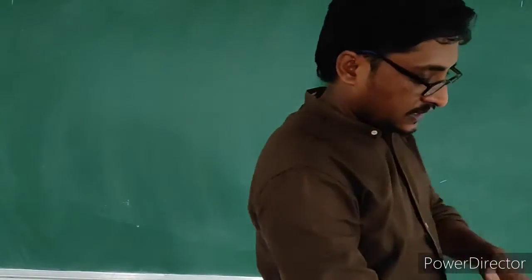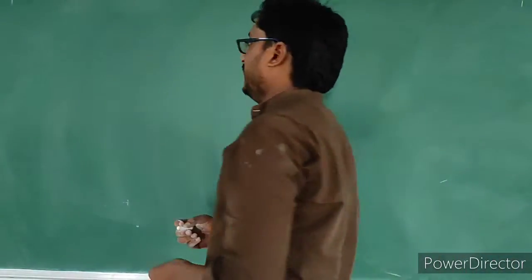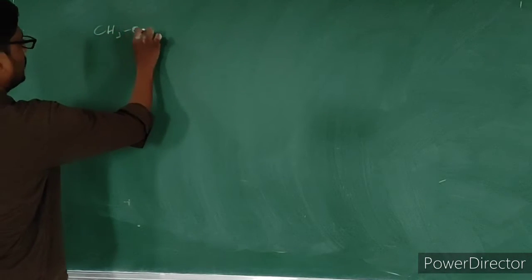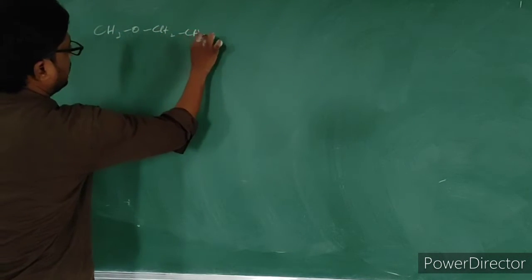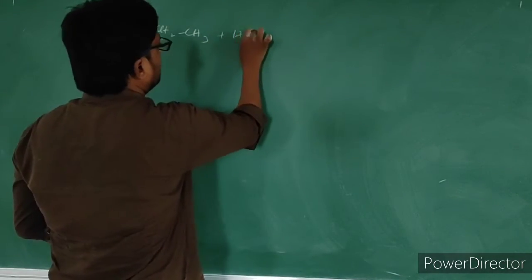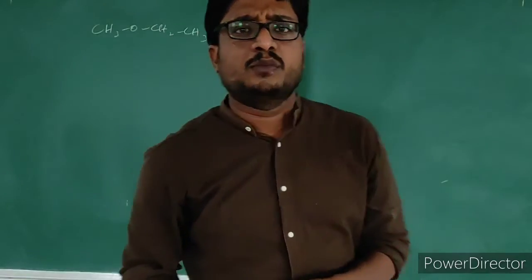Now let us consider an unsymmetrical ether and react that with hydrogen iodide. This is nothing but an unsymmetrical ether. This one reacts with hydrogen iodide or hydrogen bromide.